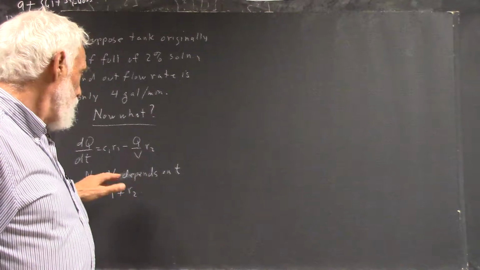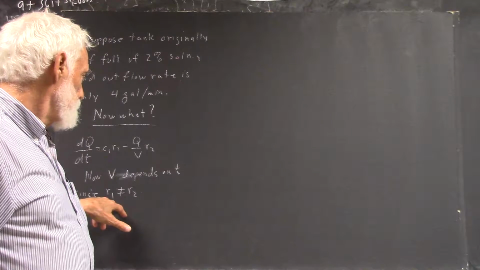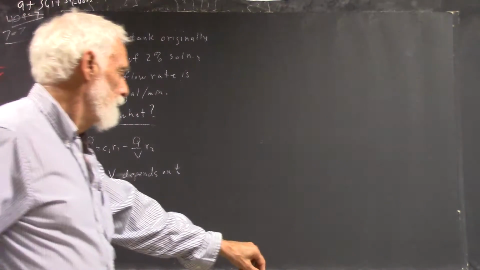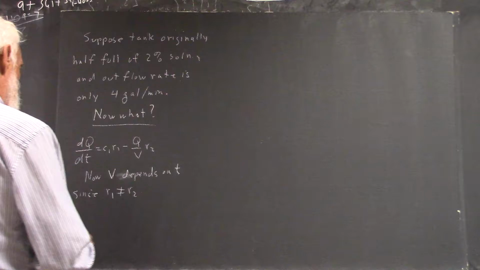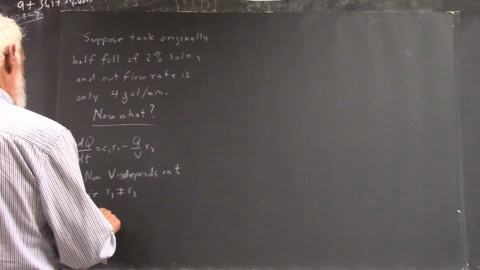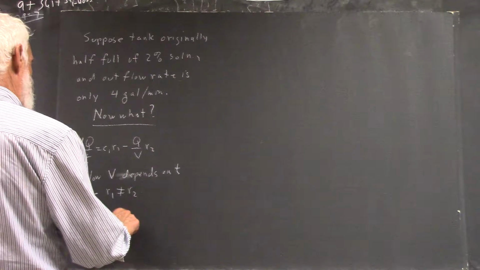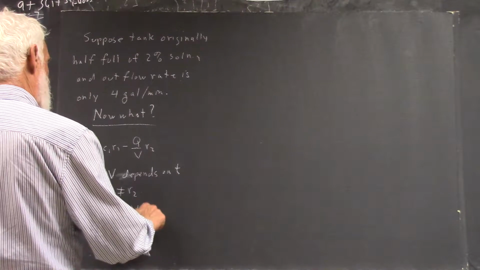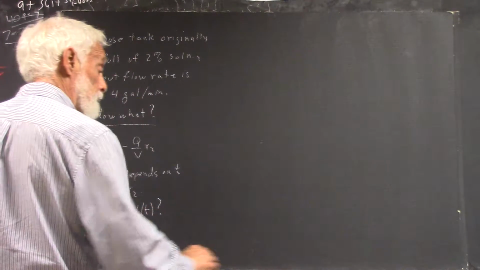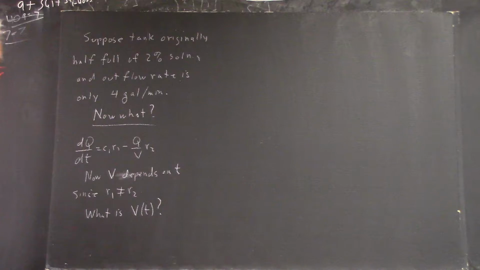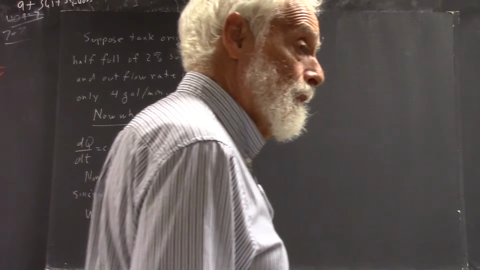So, what is your function V of T? 50 plus T, right? It's a half full tank, right?